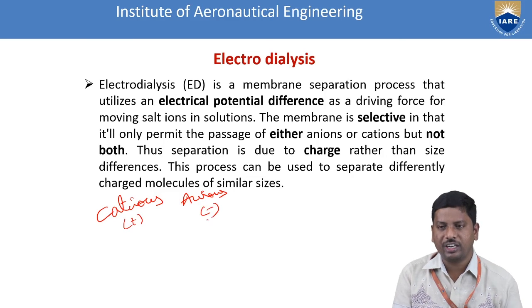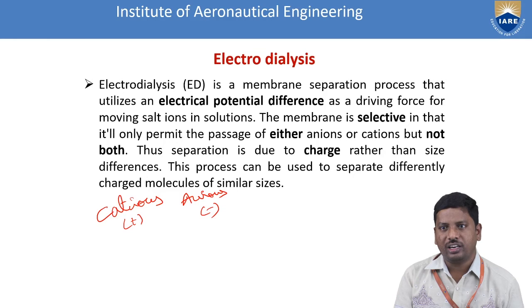So this is nothing but an electrical potential difference. Whenever the ions get either positive charge or negative charge, they are not stable. They will migrate towards their respective electrodes. And after that, what happens? The separation is mainly due to the difference of charge between these ions.